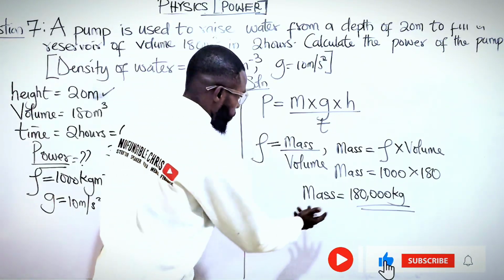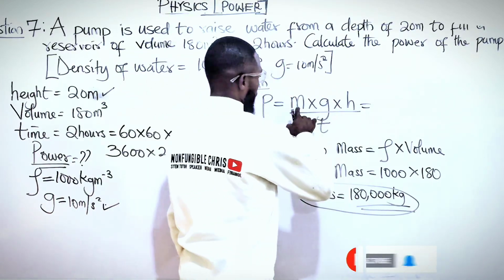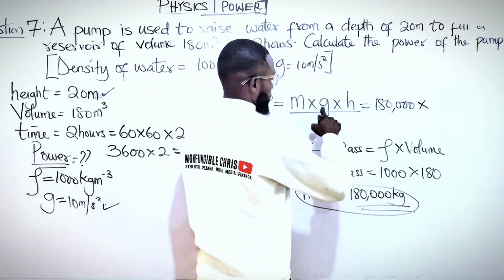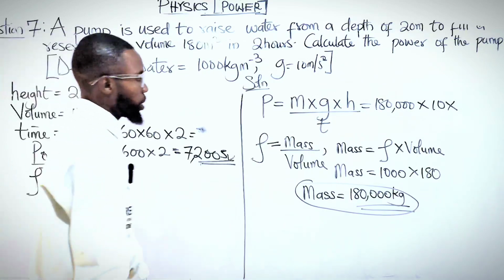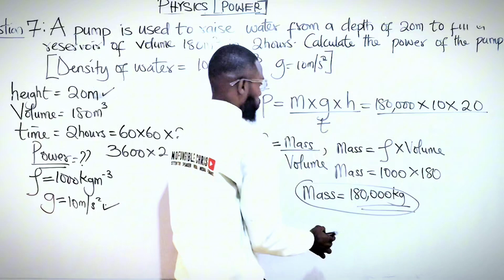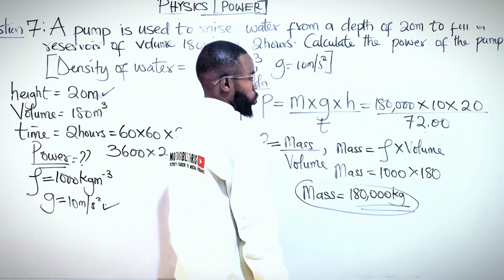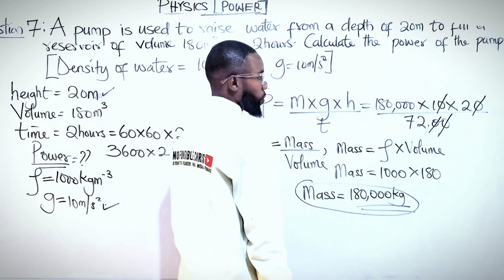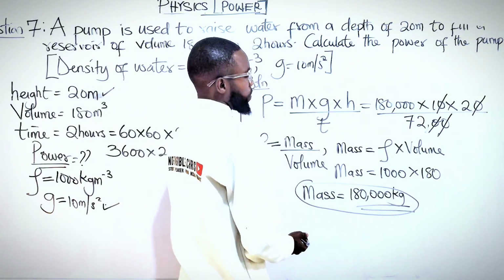So the power is 180,000 times g, which is 10, times our height of 20, divided by the time of 7,200. If we cancel these out, we're going to have 1,800 times 2 divided by 72.